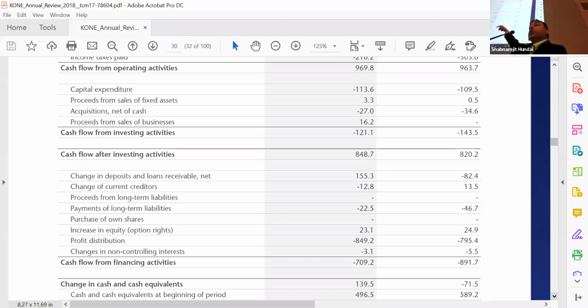People who you owe to, for example, suppliers. So when you buy something on credit, you haven't paid, these people are your liability, yeah? But when you pay them, what happens? Your liability goes down, but so does your cash.